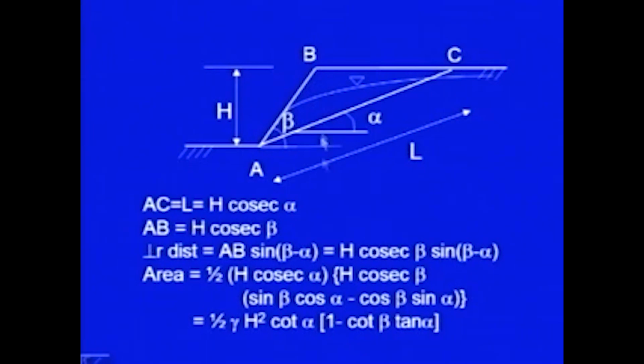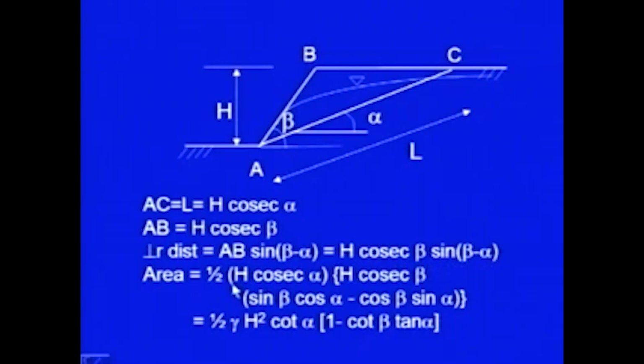From this triangle I am going to get this perpendicular distance. So, perpendicular distance will be equal to AB into sine of this angle, and this angle is nothing but beta minus alpha. So, perpendicular distance will be equal to AB sine of beta minus alpha. Put value of AB, so it becomes h cosec beta into sine of beta minus alpha.